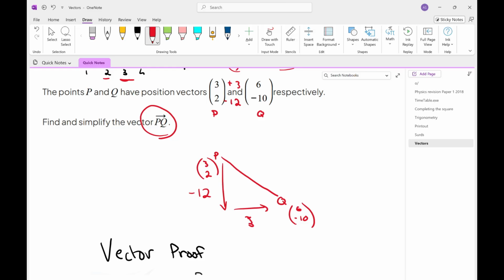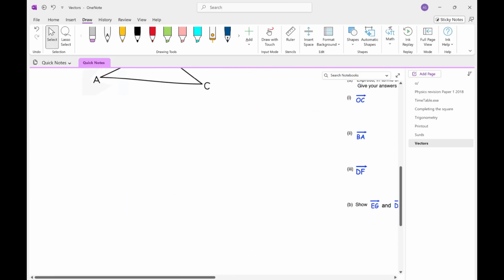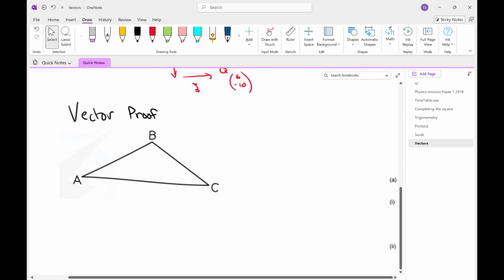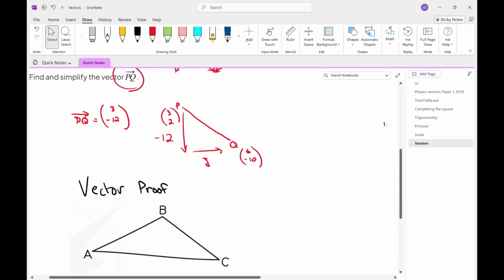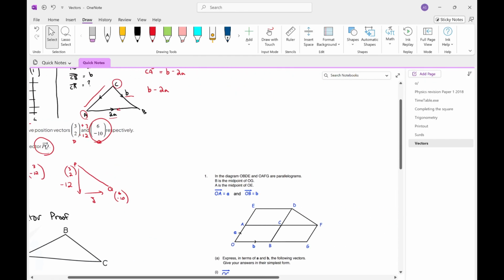So the final answer, remember to always write it in this format, keep the same format as before, is 3 and minus 12. Just like that.